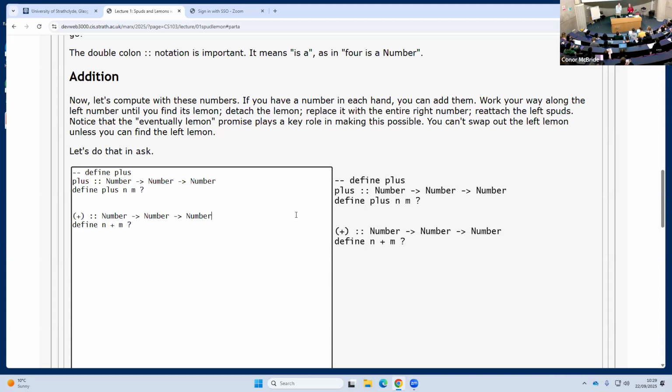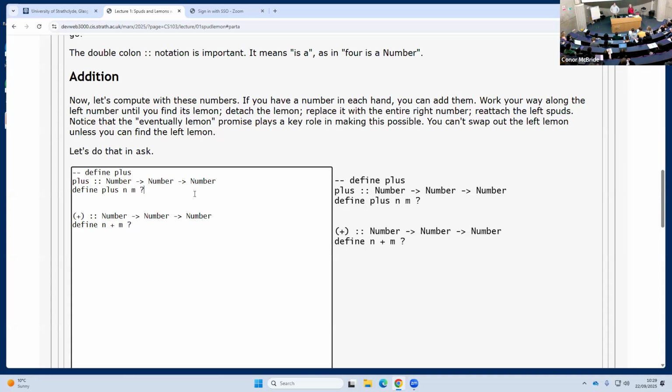So in order to make this, we first have to explain how we're defining plus n m. Plus is the name of the function, and n and m stand for the two inputs.